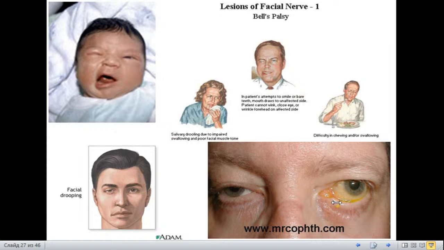First of all, tearing. It is because of lack of tonus of lacrimal part of orbicularis oculi muscle, and also secretion of lacrimal fluid will be disturbed due to the involvement of greater petrosal nerve, providing parasympathetic innervation to this gland.